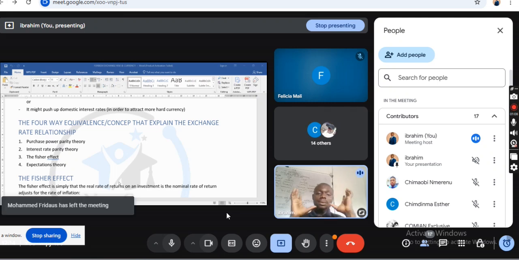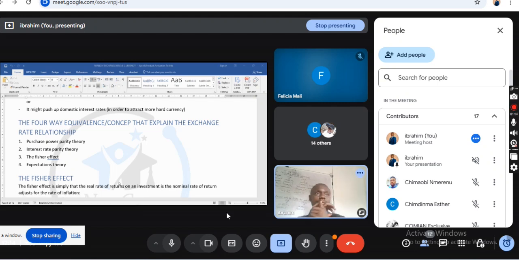What is our focus? One, you should be able to know how to convert if it is a direct or an indirect quote.